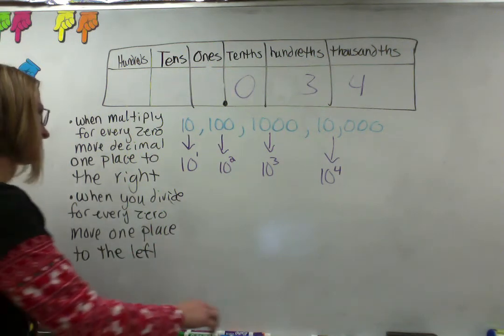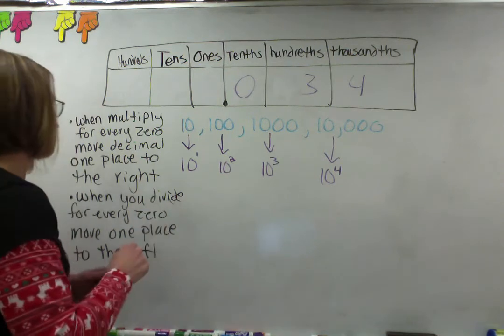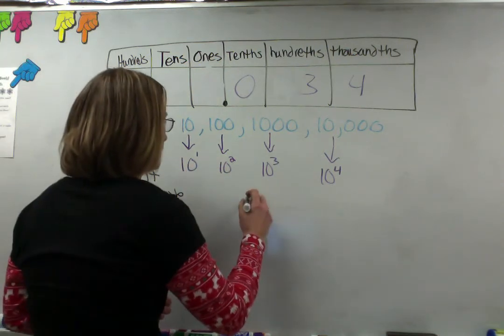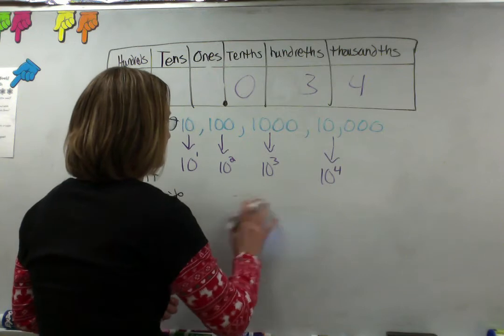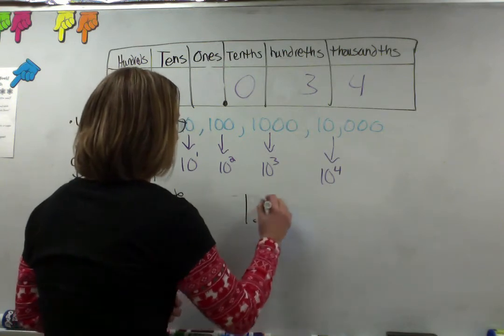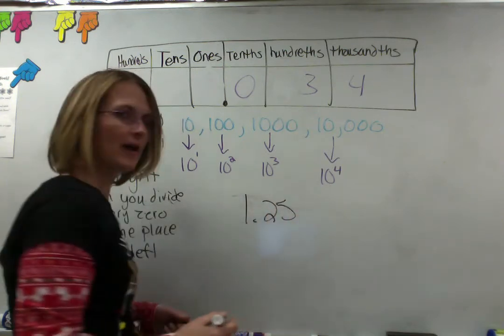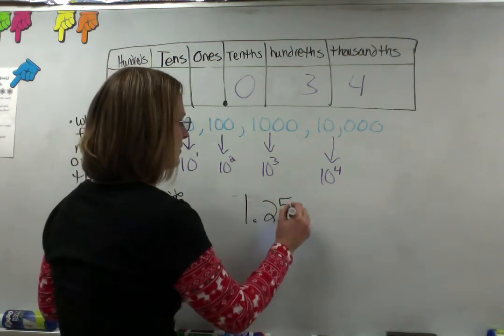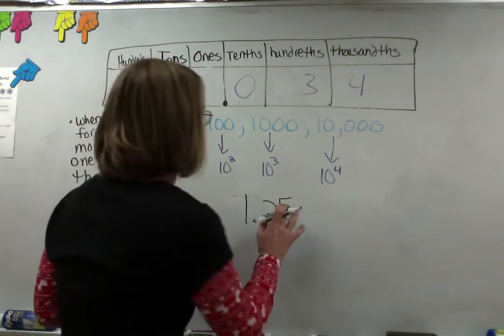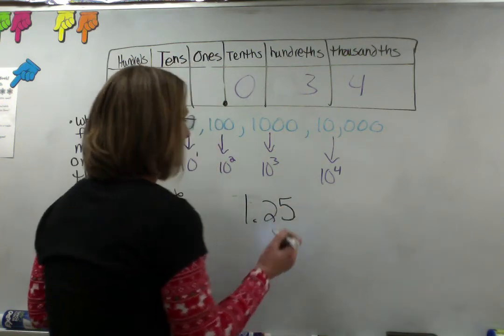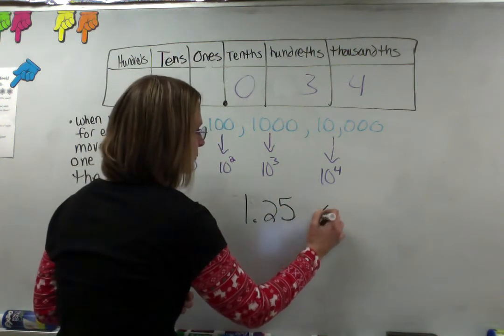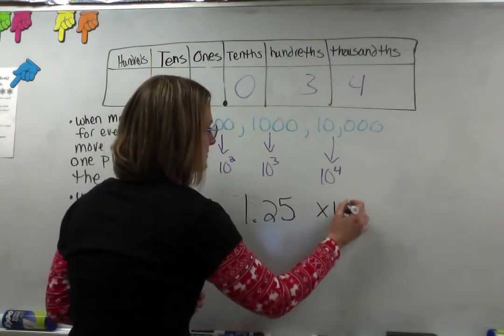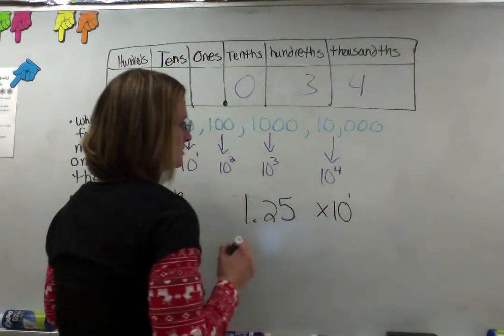Let's take a look at an example. Let's go 1 and 25 hundredths, okay? We're going to multiply 1 and 25 hundredths times 10 to the first.